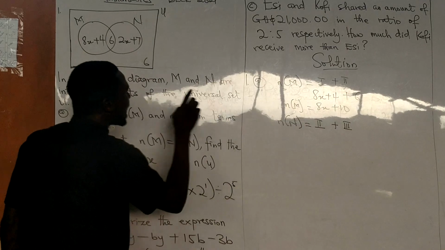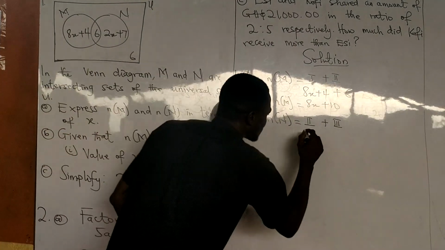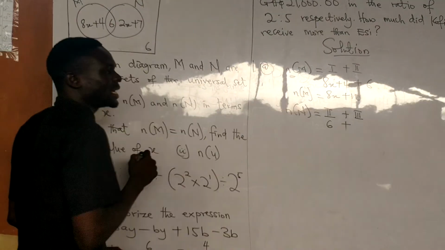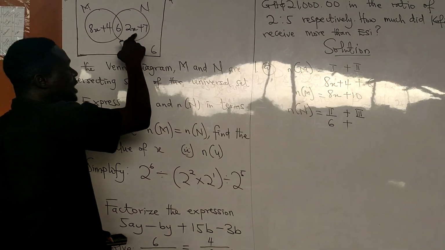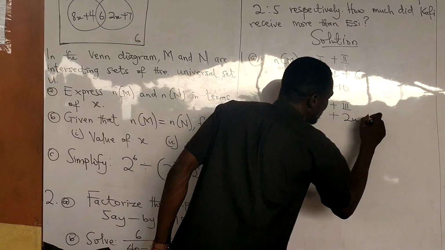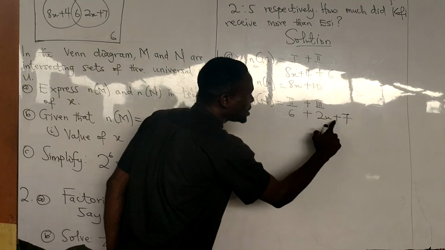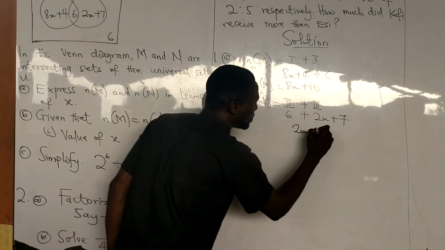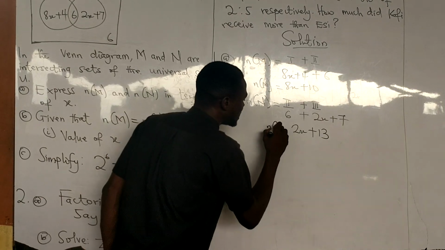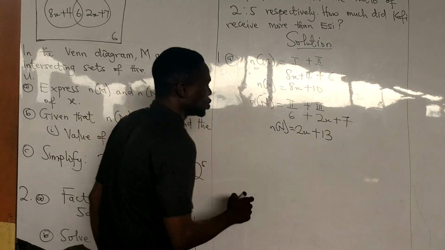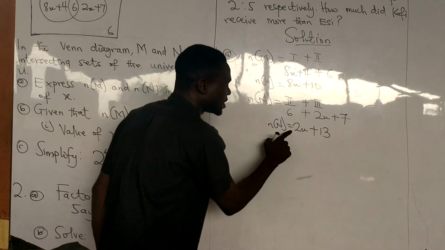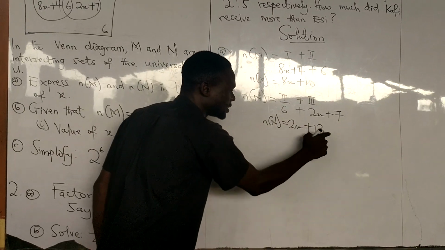So what is region II? The intersection, 6. Plus region III, that is N only, I have 2x plus 7. So grouping like terms here, we are going to get 2x plus 13, which is the number of N. So the number of N is equal to 2x plus 13.